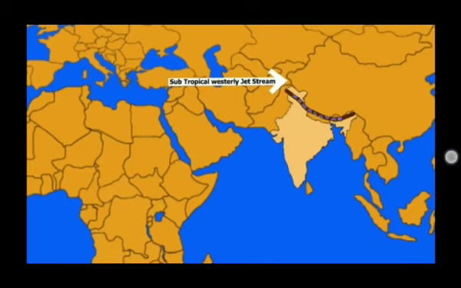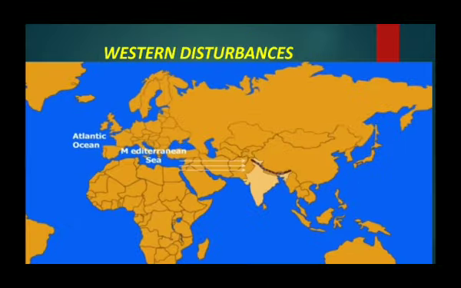Now, another factor is the western disturbances. As you might have heard on your radio or TV sets, when the weatherman comes, he often talks about these western disturbances in relation to the snow in winter, especially in Kashmir Valley. Now, these are the weather phenomena brought in by the westerly flow from the Mediterranean region.